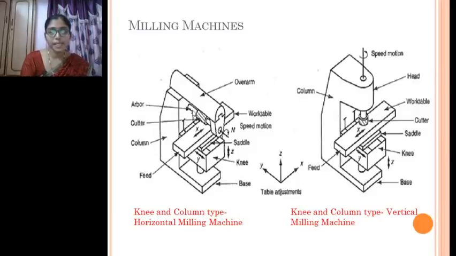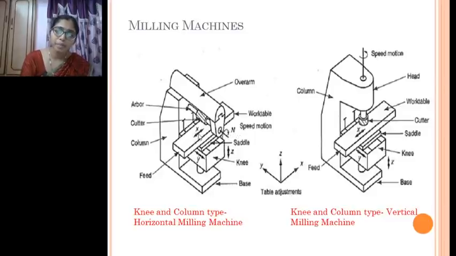For a horizontal milling machine, the spindle will be attached to an arbor. An arbor is attached to a spindle on which the tool is mounted. It has a rotational motion.